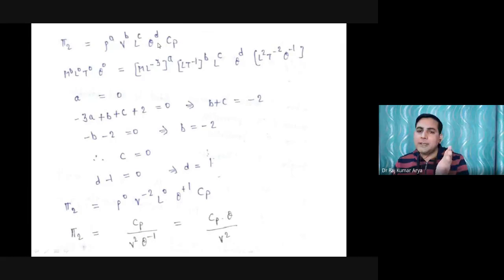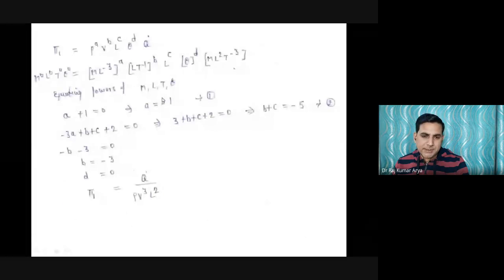And now you are taking your next variable, your Cp, because Cp is not chosen as a repeating variable. Now you put again the dimensions of that. So you are getting this actually. Cp dimension is L square T minus 2 theta minus 1. So I made a mistake here.